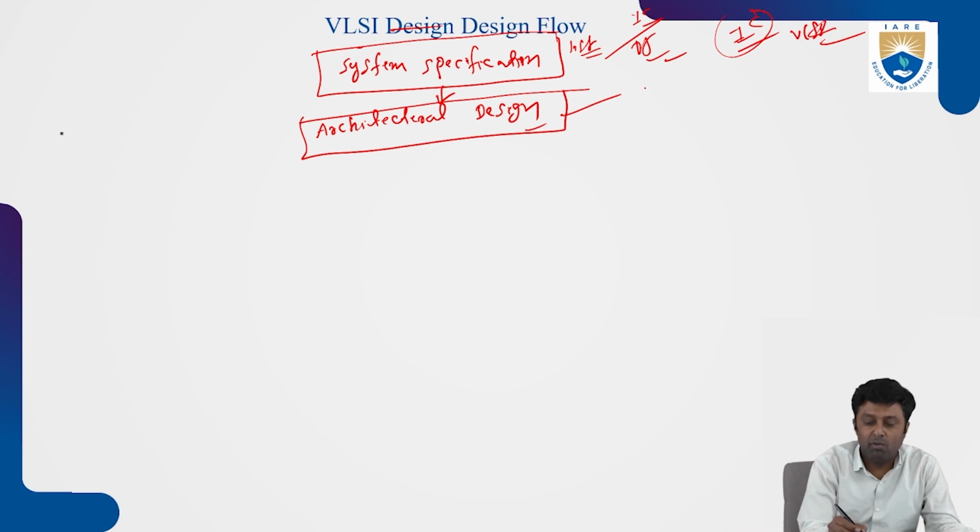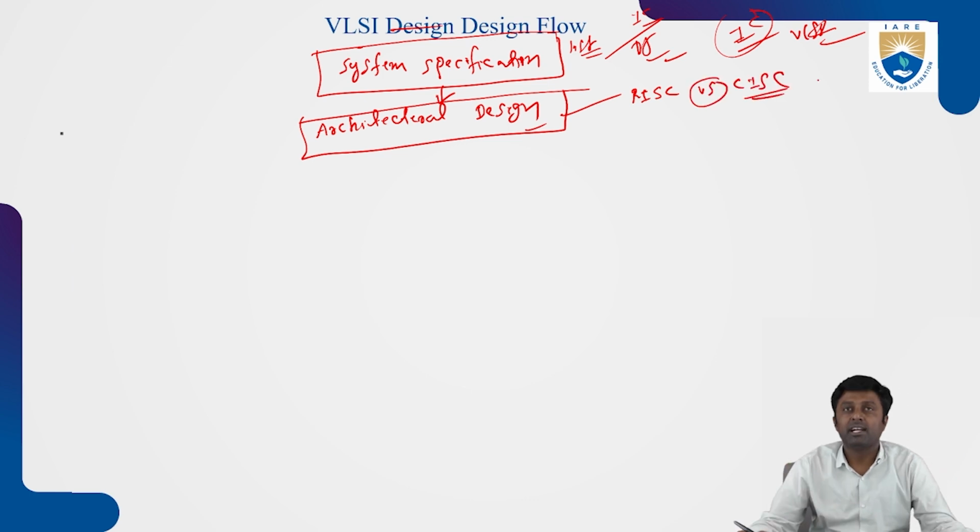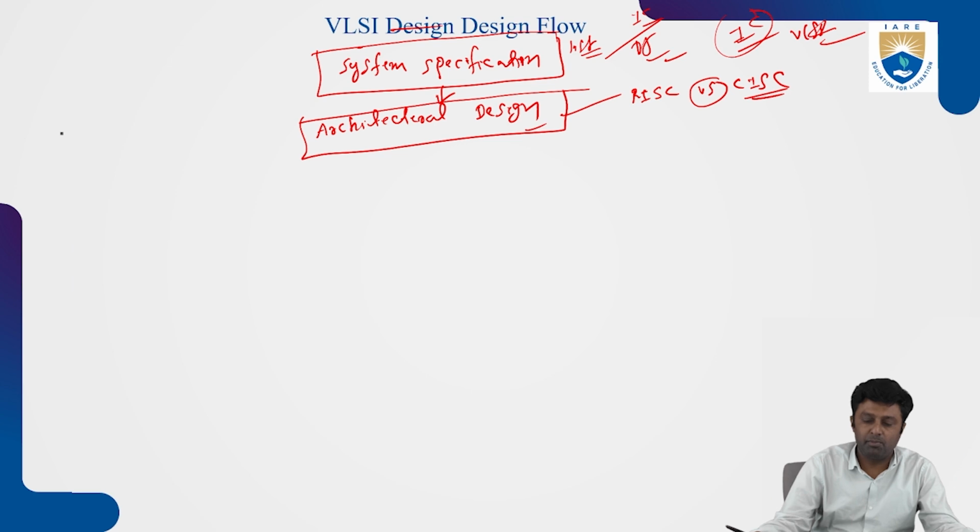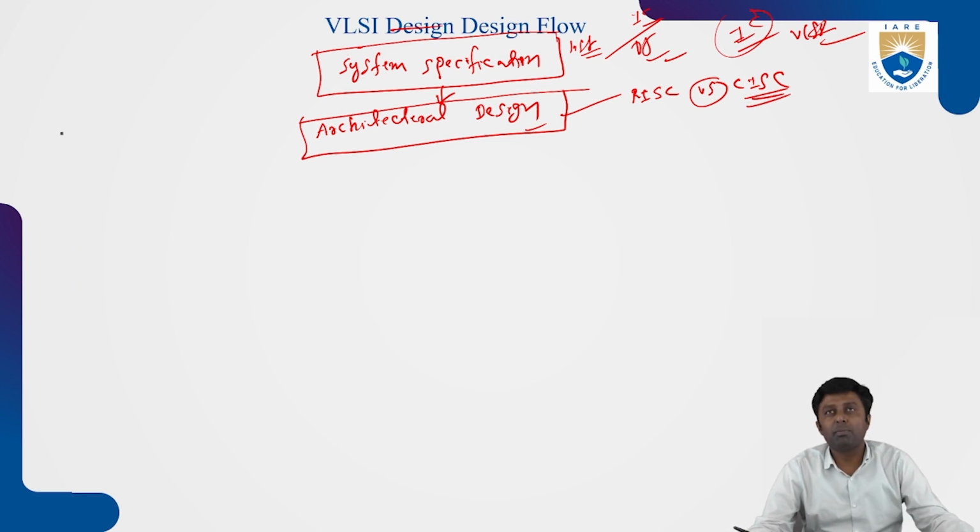Here we will take some decisions, such as whether we have to choose a RISC architecture or a CISC architecture. RISC stands for Reduced Instruction Set Computing, and CISC stands for Complex Instruction Set Computing.